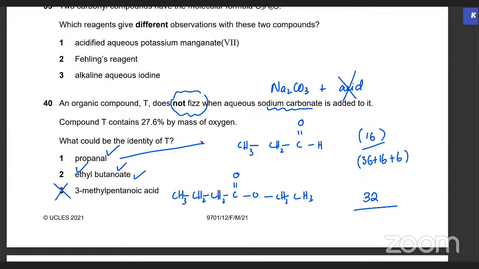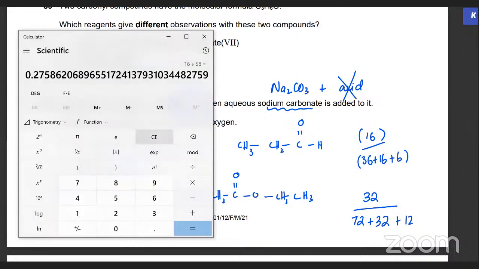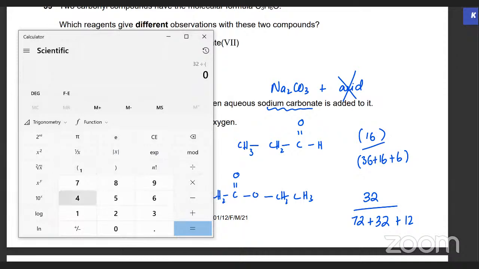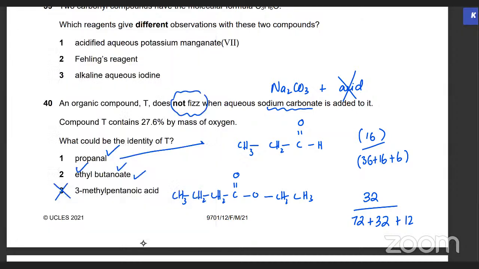So that's 12 into 6, that's I think 72. Plus there are 2 oxygens, so that's 32. Plus how many hydrogens? You've got 3, 3, 6, and the 6 in the middle, that's 12. So kya ban gaya? That's 44, 72 plus 44. So that's going to be 32 divided by 72 plus 44. And ठीक है, ये भी सही है, 27 points.